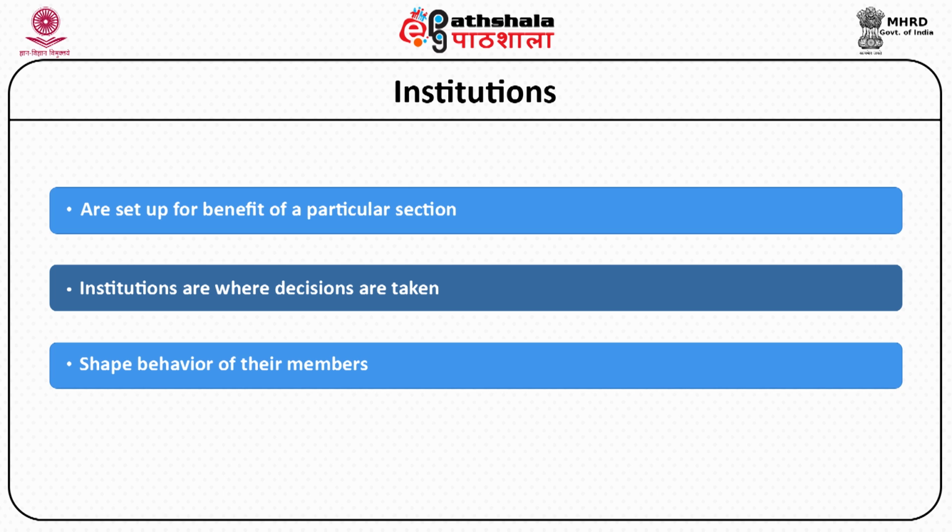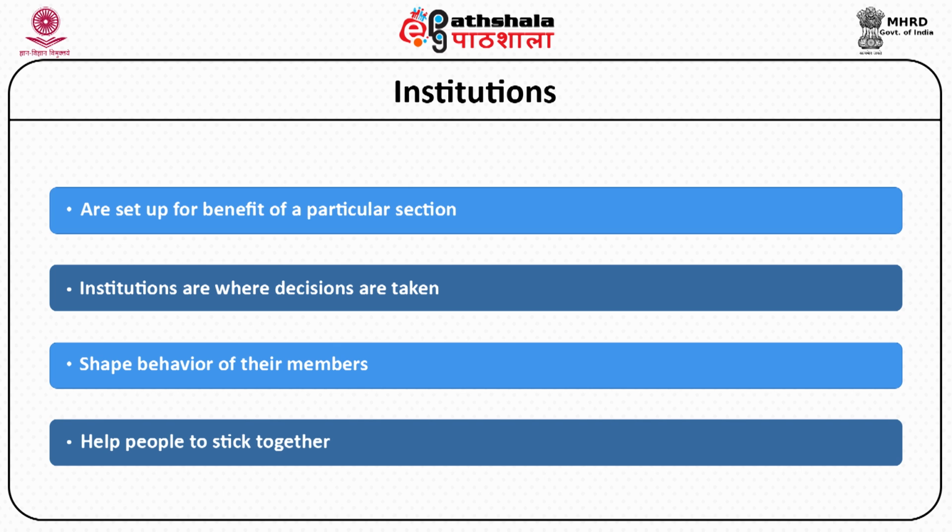It is because of these institutions that people stick together and work together, because they know it is through the institutions that a consensus will be formed, and a decision will be taken after due process of law, after due discussion and deliberation, and it will help them reach a conclusion which will benefit all the members. So the institutional approach also studies the institution as well as the behavior of its members, because the members play a very important role.